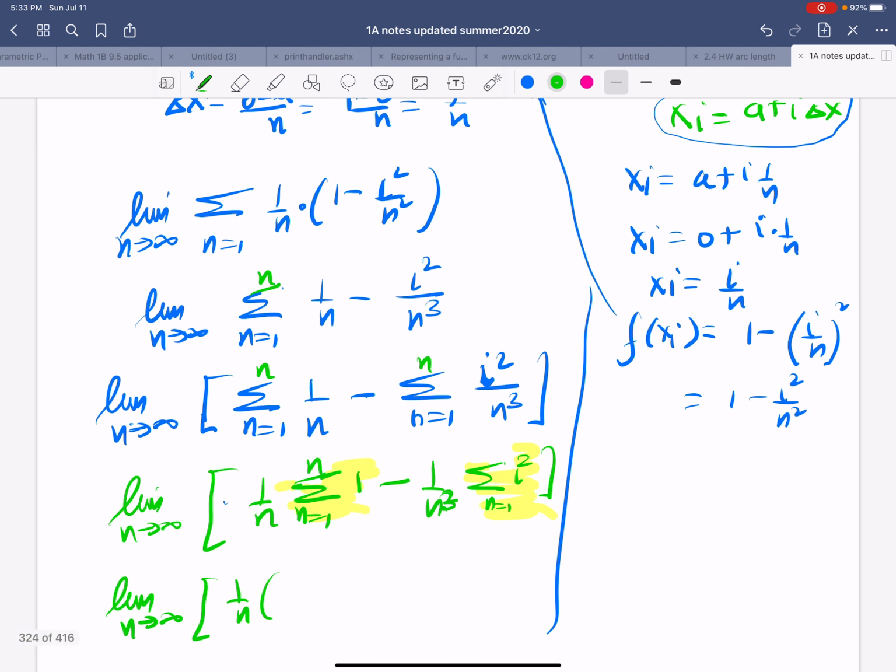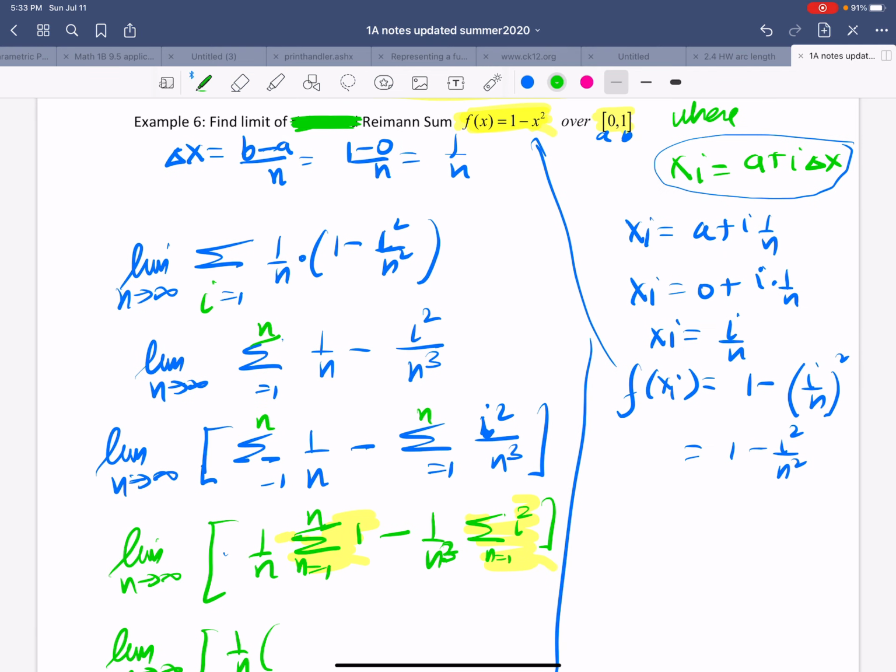Summation i equals 1 to n. Okay, now it looks good.